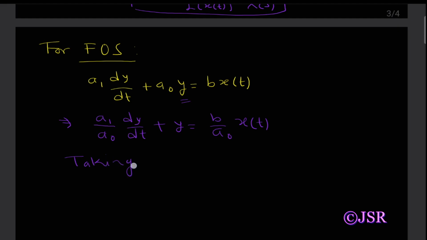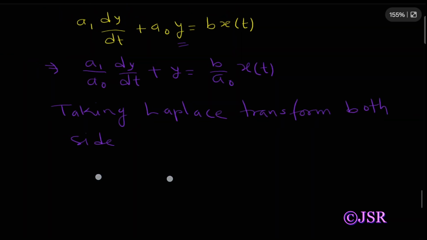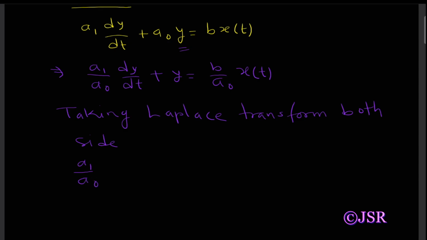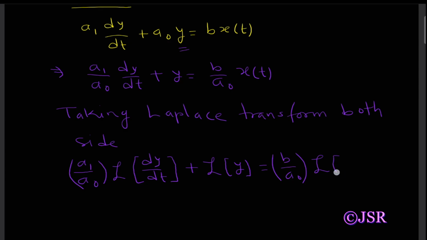Taking Laplace transform on both sides, we will get a1 by a naught the Laplace transform of dy by dt plus the Laplace transform of y equal to b upon a naught the Laplace transform of x of t, and this will be a1 by a naught.